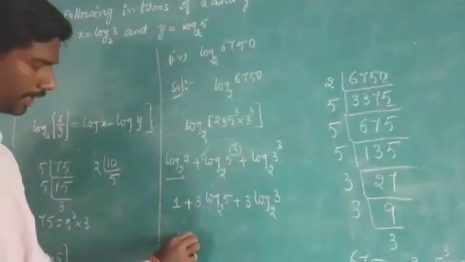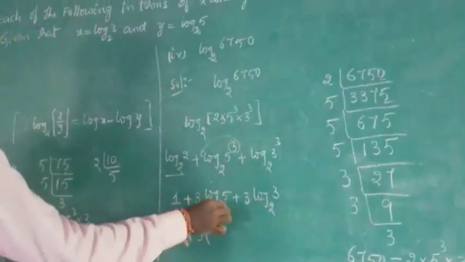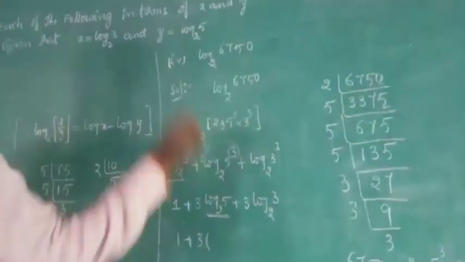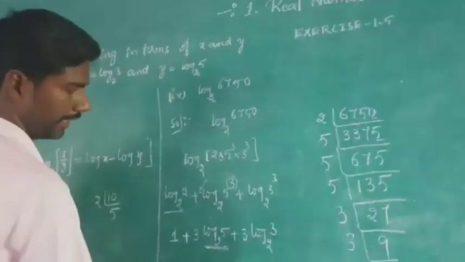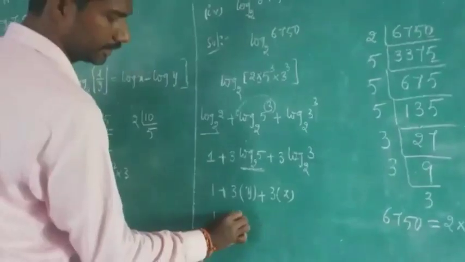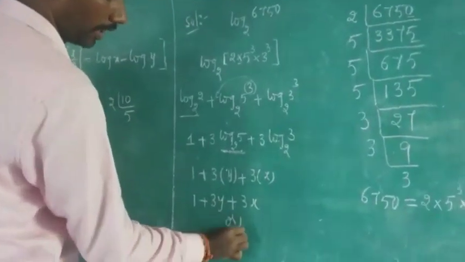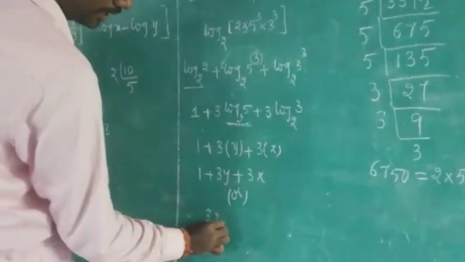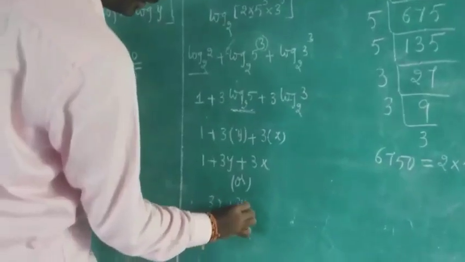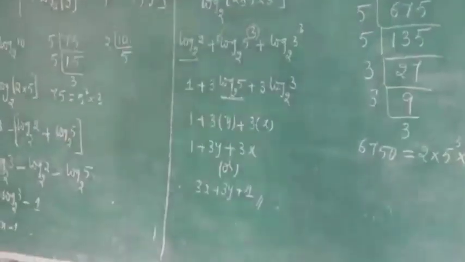So 1 plus 3, and this value log base 2 of 5 is y, plus 3 into x. So you can write it as 1 plus 3y plus 3x over 3x plus 3y plus 1.